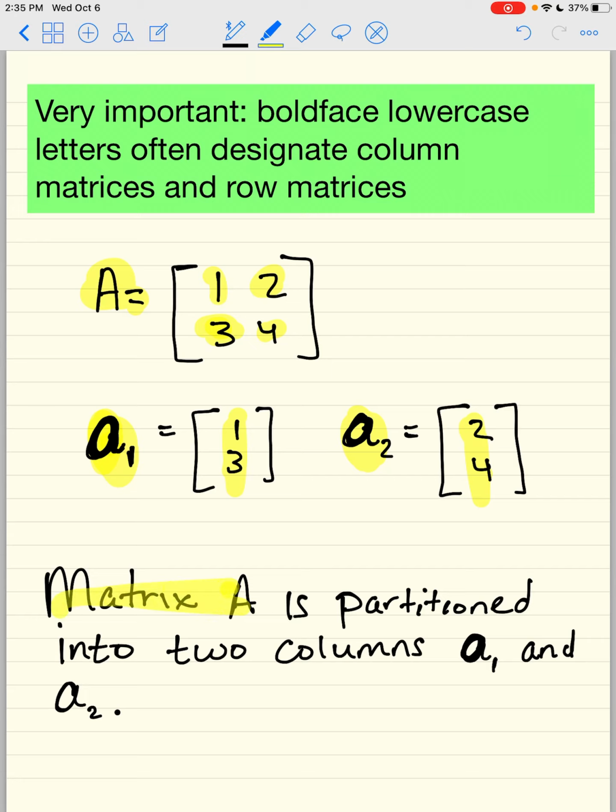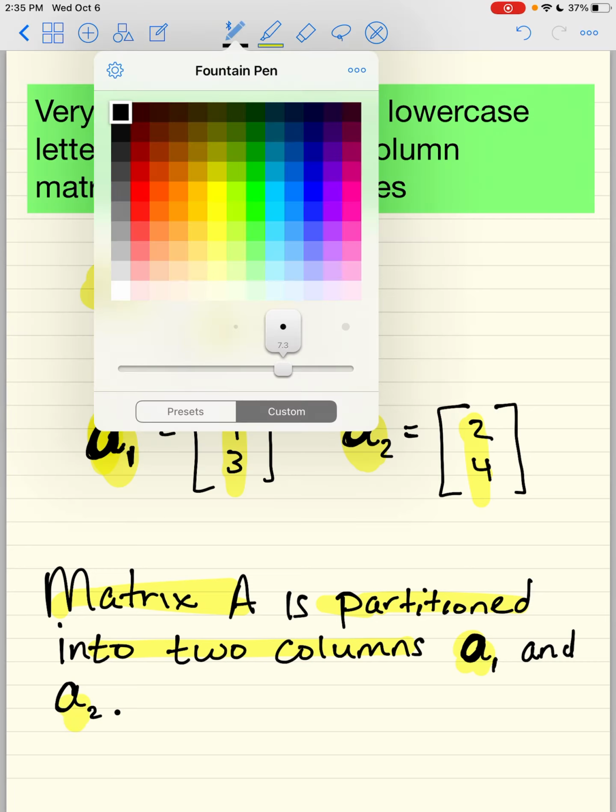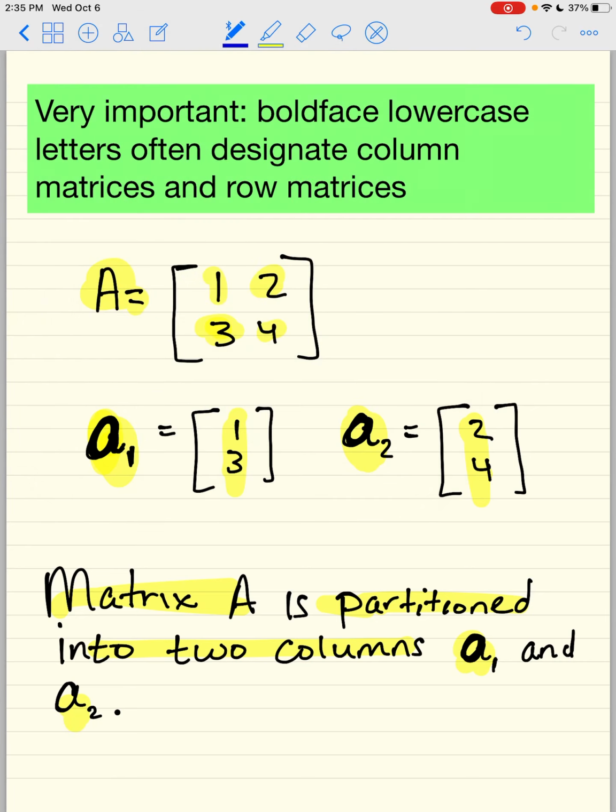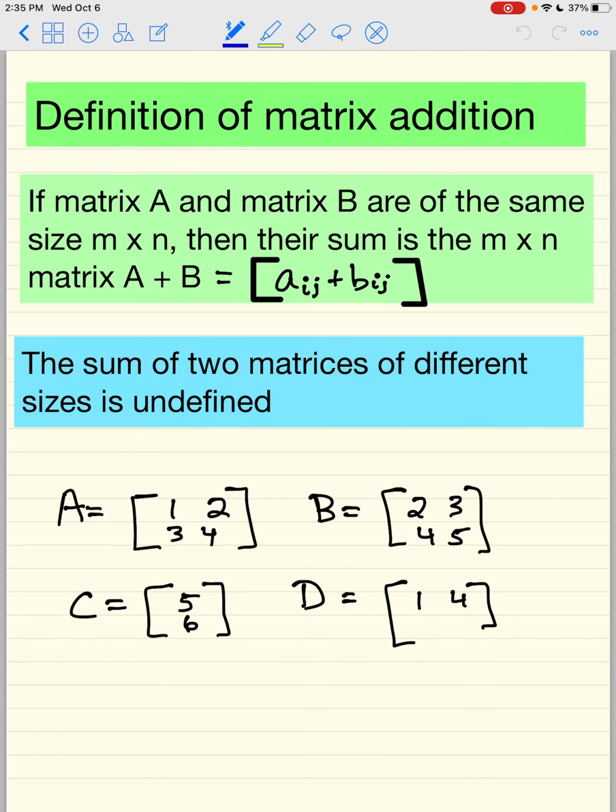Okay? So matrix A is partitioned into two columns, a1 and a2. When you read it, be careful: bold and lowercase typically refers to a column. Okay.